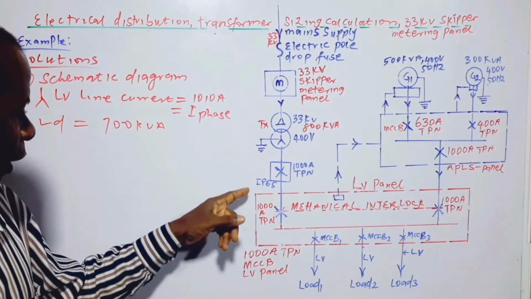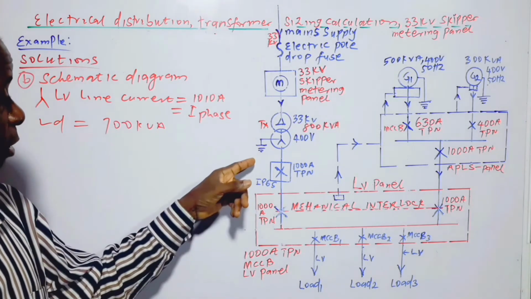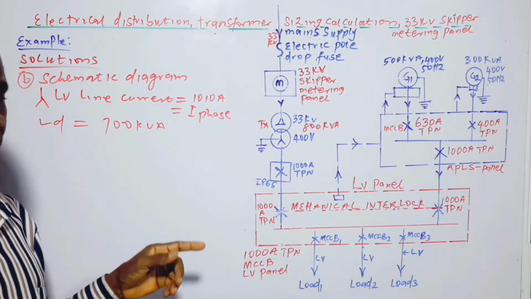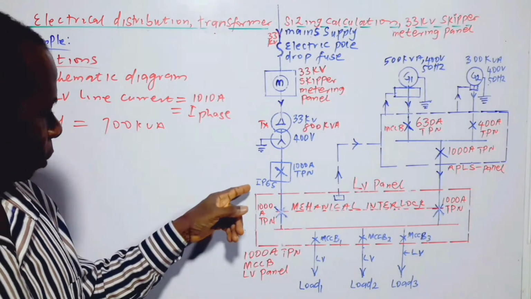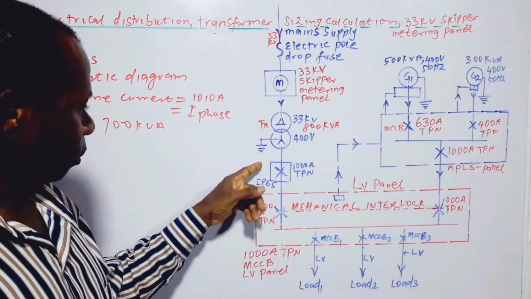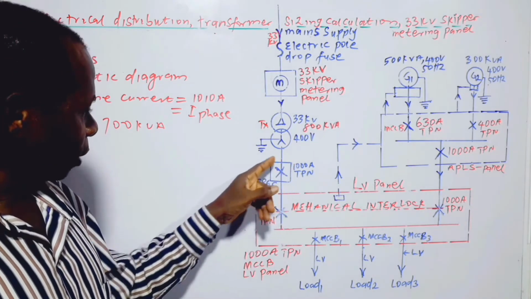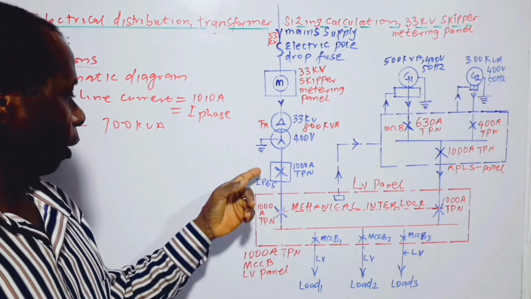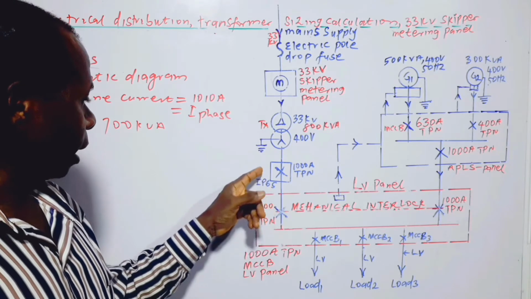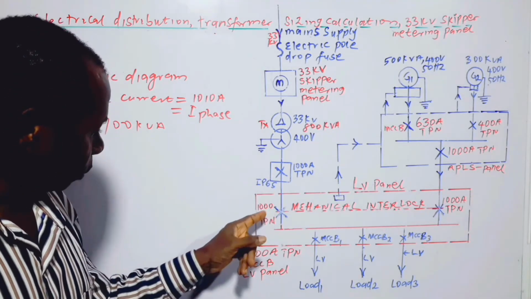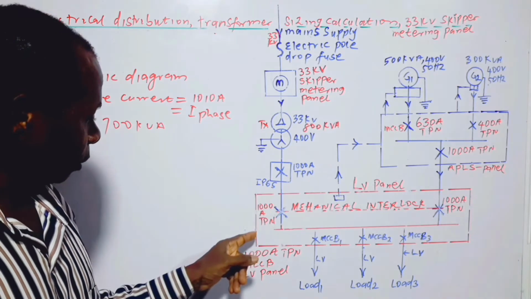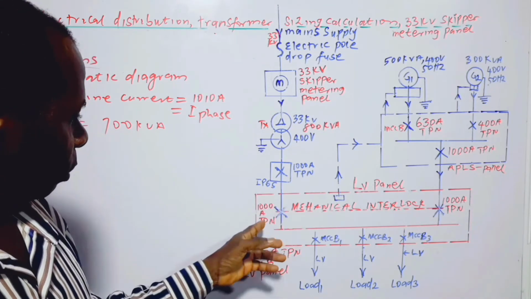This IP rating means ingress protection, in case it's installed outdoors, so it has to be waterproof and enclosed. It can also be called an encapsulated MCCB. And on this side also we have a 1000 ampere circuit breaker.